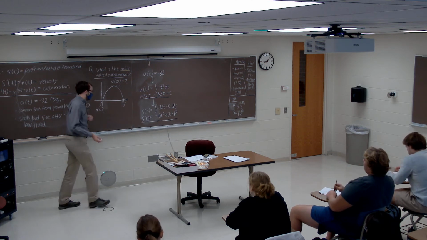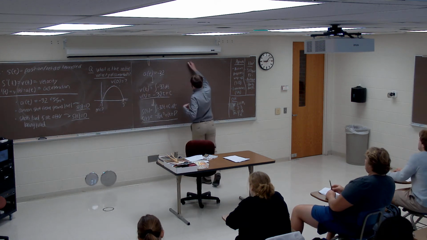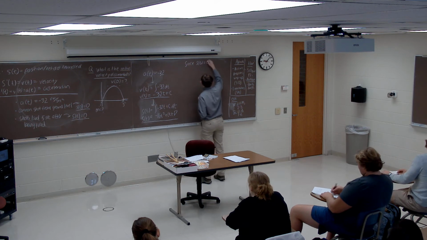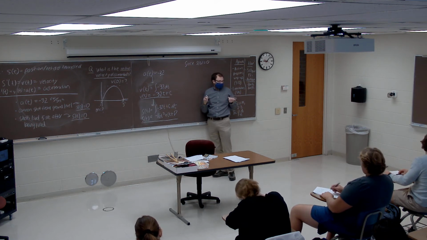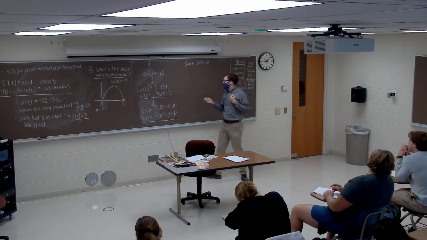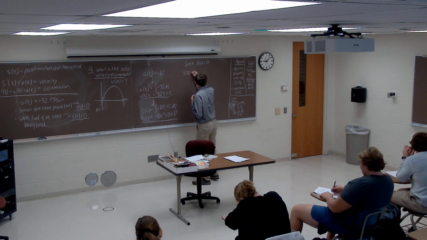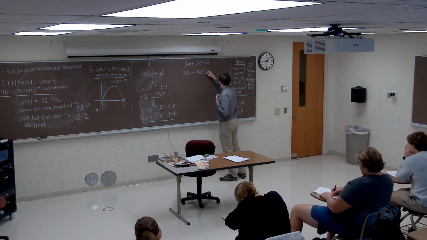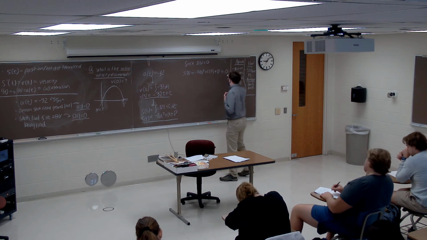Oh, okay, yeah. So we could say that since s of 0 equals 0, I agree with Josh, Zach, with what the two of you proposed. If we plug that in, we'll get s of 0 is negative 16 times 0 squared, plus c times 0 plus d is 0.